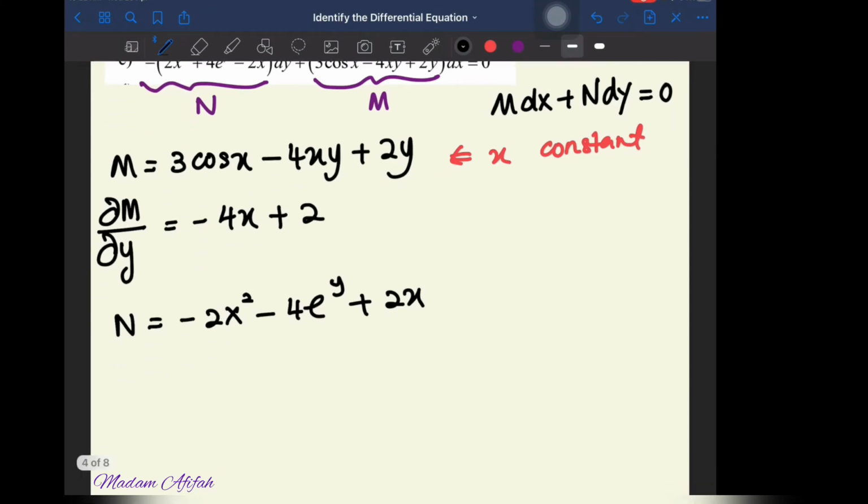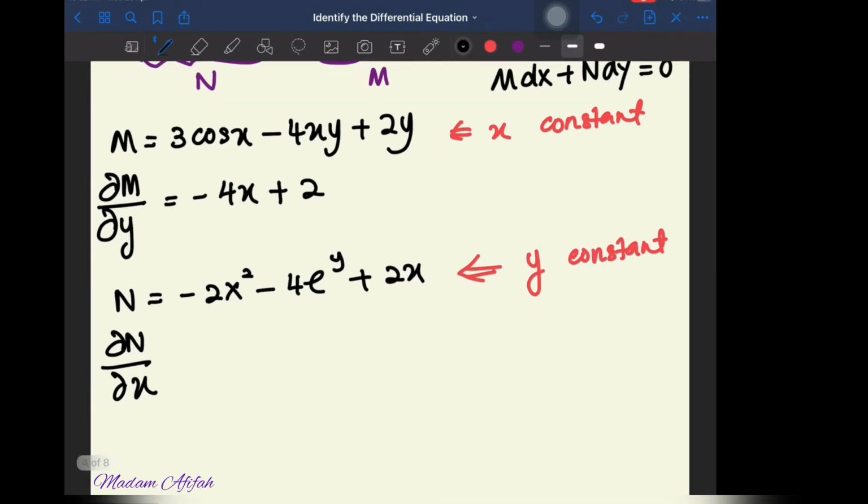And when we are going to differentiate with respect to x, so you know that y must be a constant. So therefore del n over del x is equals to negative 4x plus 2.